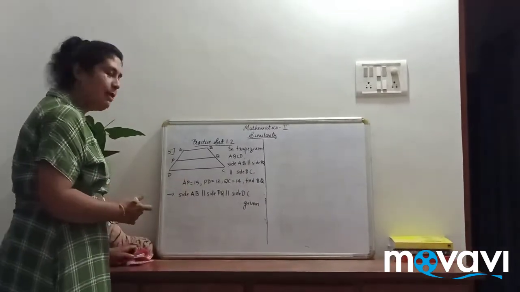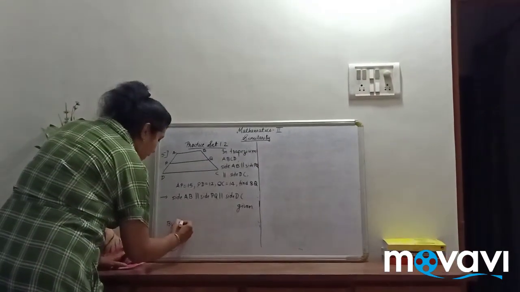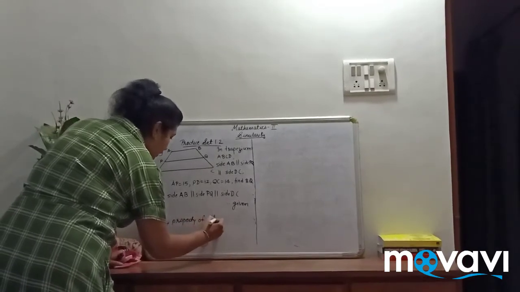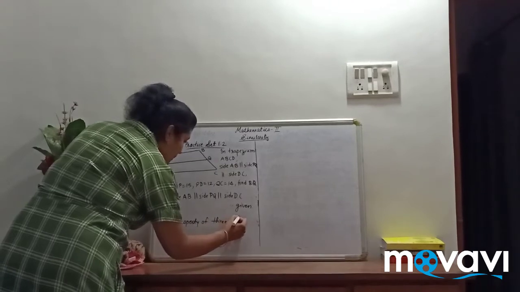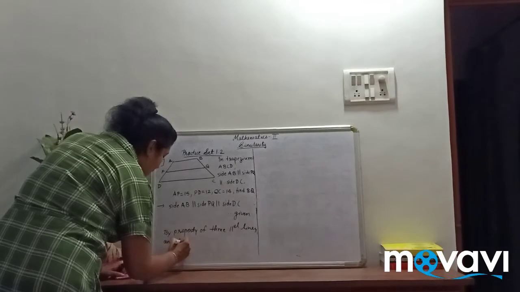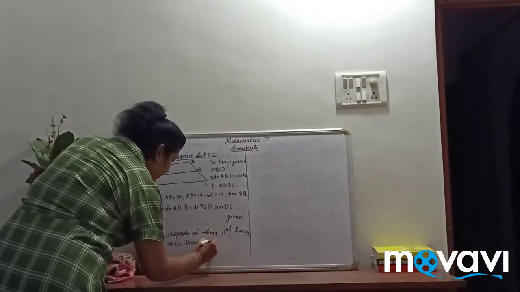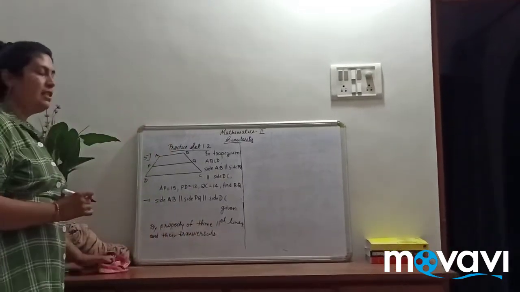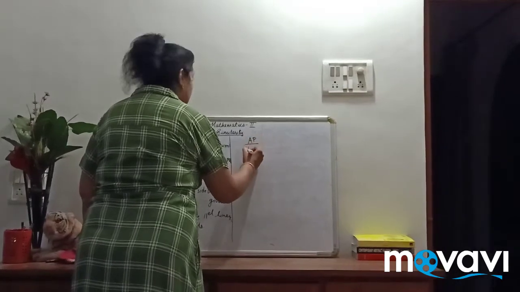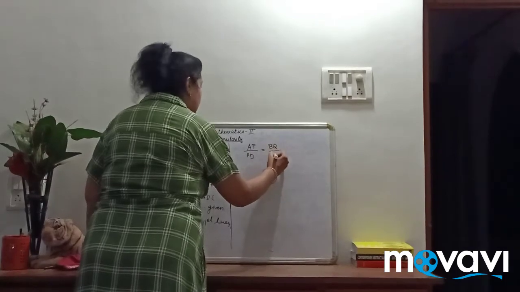Now, we are going to use the property of three parallel lines and their transversals. We can directly write the ratio, that is AP upon PD is equal to BQ upon QC.